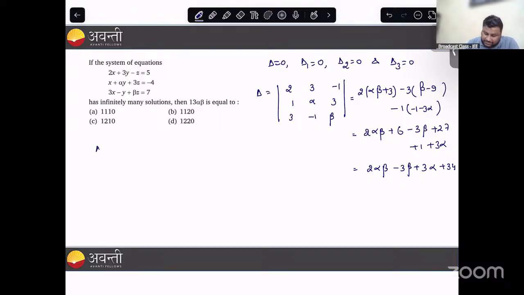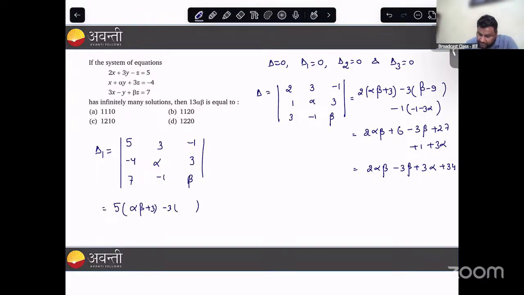Now, delta 1. Delta 1 is what? 5 minus 4, 7. 3 alpha minus 1 minus 1, 3 beta. 5 times alpha beta plus 3 minus 3 times minus 4 beta minus 21 plus minus 1 times 4 minus 7 alpha.